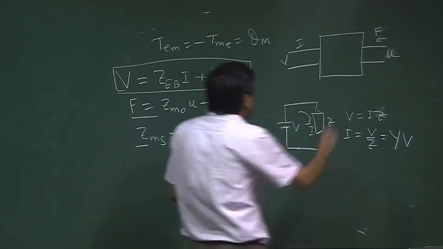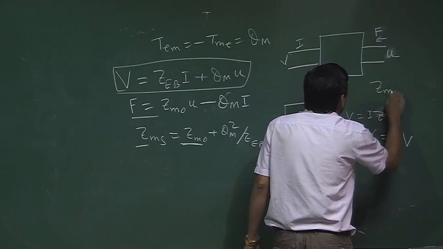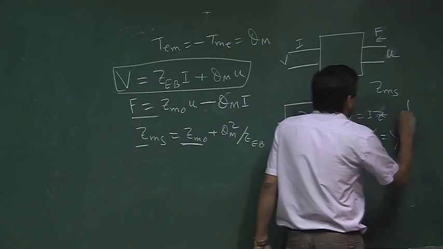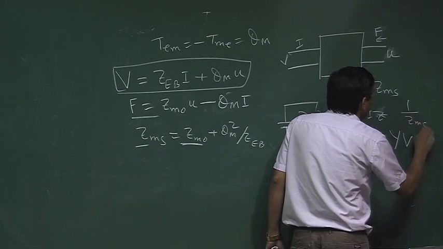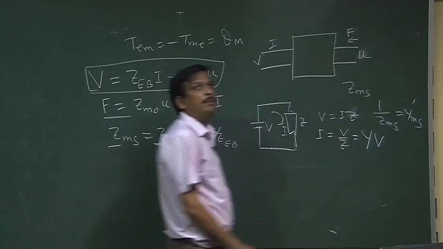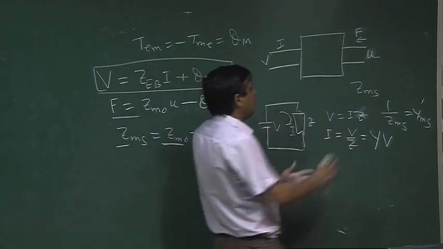Similarly, ZMS is the mechanical impedance, and 1 by ZMS is nothing but YMS, which is the short circuit mechanical admittance.